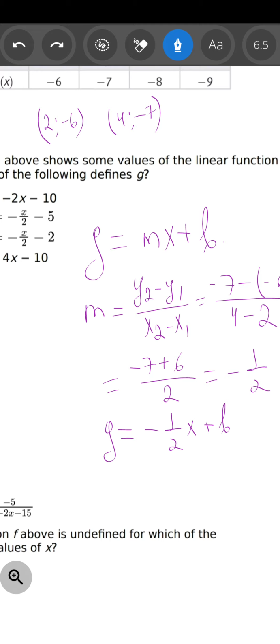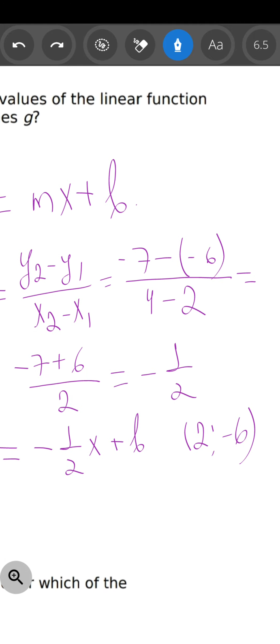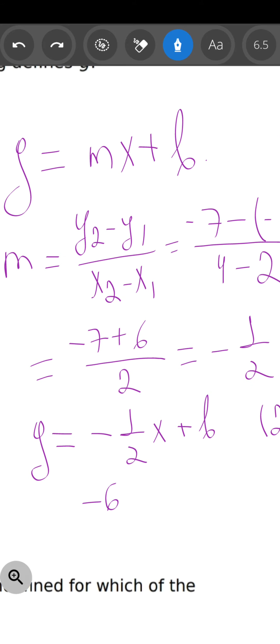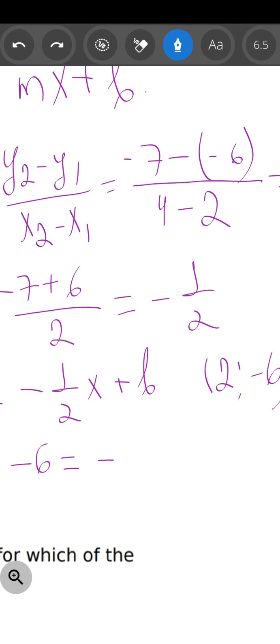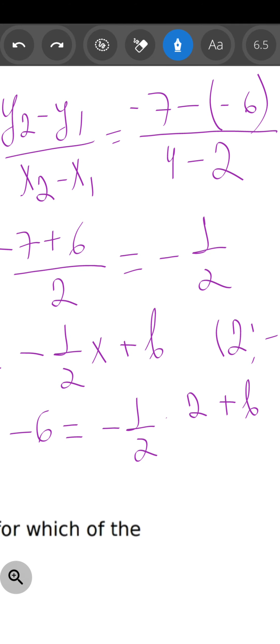And we can say that the function g is passing through the point (2, -6). So if we substitute this number in the place of unknowns, we must get a true equation. Let's write -6 equals -1/2 times 2 plus b. That is, -6 equals -1 plus b.